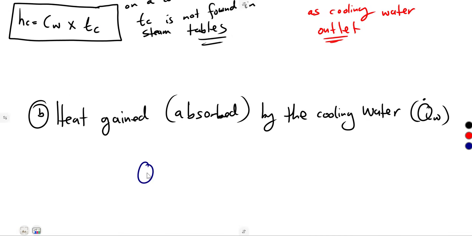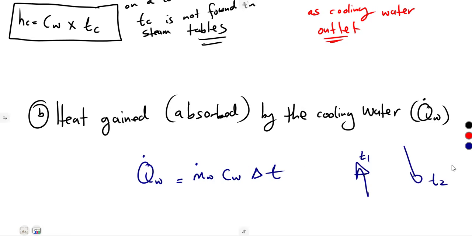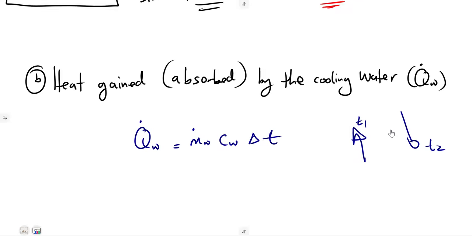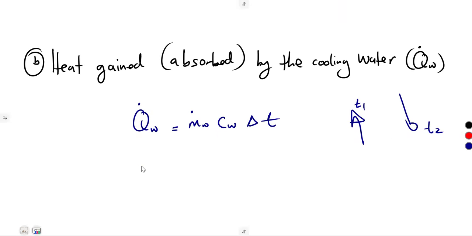So that rate is given as the mass flow rate of water, times the specific heat capacity of water, times the change in temperature. Remember, as the cooling water entered, it entered at a certain temperature, then exited at a certain temperature, T2. So that difference is the one that we need.